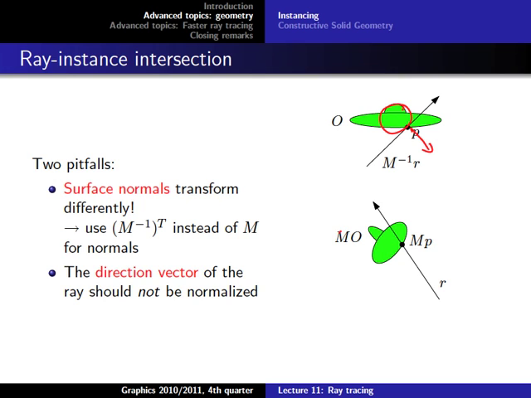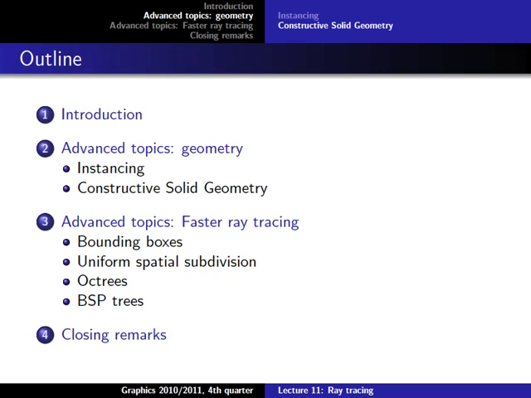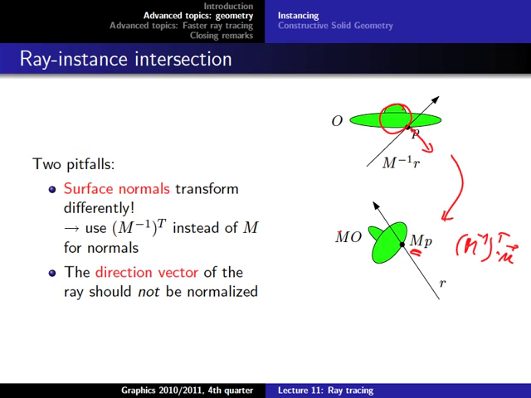But if we then go back, for p we just multiply it with M to get the point p, but to get the normal vector, we have to multiply it with the transpose of the inverse. So yes, perfect, you were right. This is one of the two things you have to take care of.